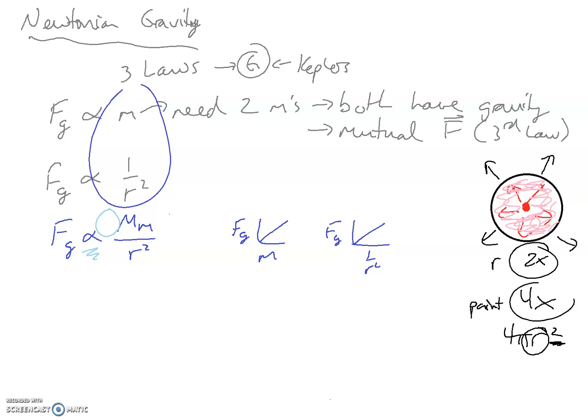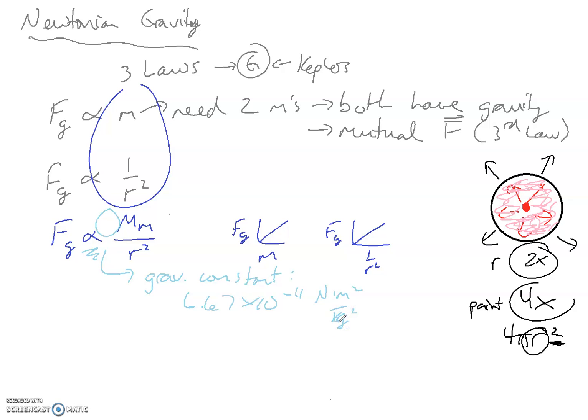Now, it took a long time for them to actually find the constant. It was about 100 years later, by a guy named Cavendish, apparently, who actually found the constant. That is what's called the gravitational constant. It has a value of 6.67 times 10 to the negative 11, which is a very crazy constant, in Newton meters squared per kilogram squared.